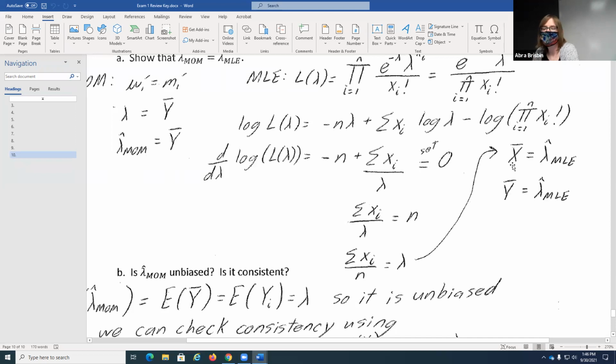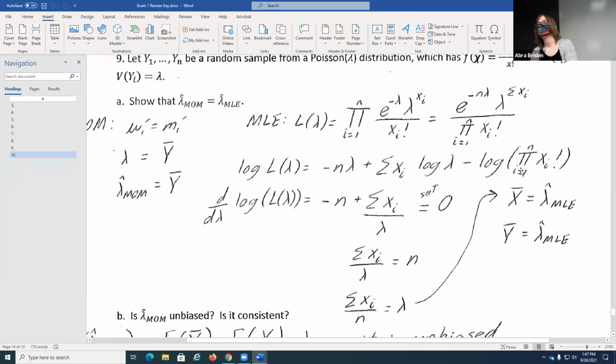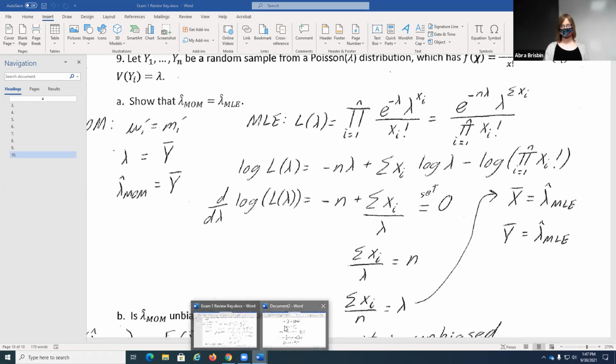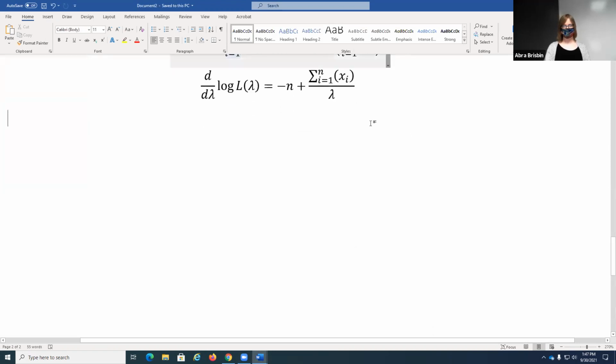What would you do if the problem asked you to show that this critical point was actually a maximum? Davis. What's second derivative test? Yeah, we take the second derivative. So we're taking the derivative of our derivative of the log.